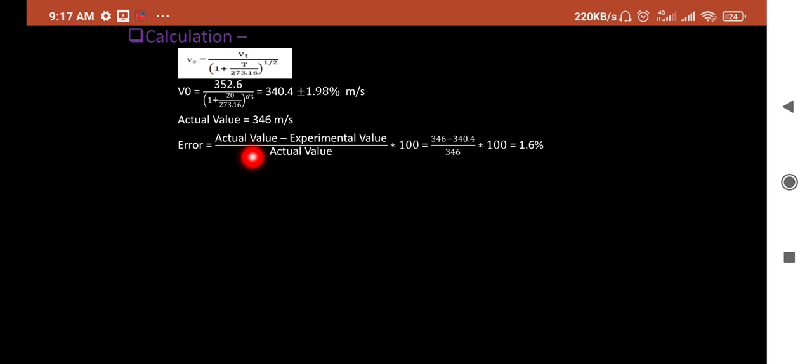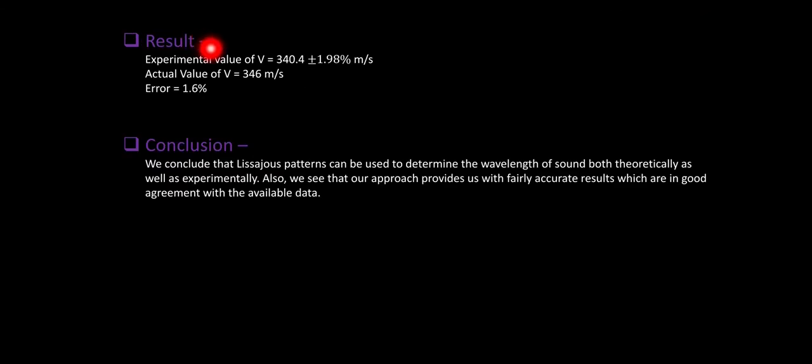Whether the actual value is larger or the experimental is larger, we will always divide this with the actual value. So this is the result: the velocity of sound measured in the experiment at 0 degree centigrade is this, but the actual value is this, so the error is 1.6%.